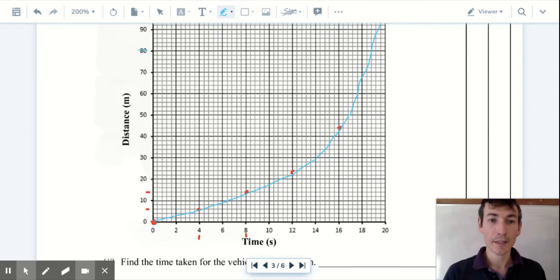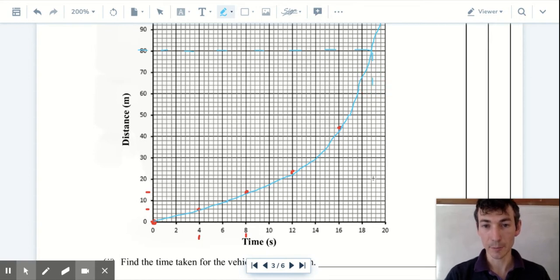If you're doing this on paper, I would draw a dotted line with pencil all the way across till you hit the curve that you've just drawn. Then you want to go all the way down, dotted line, you get the idea.